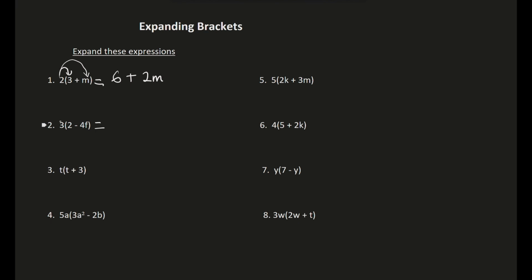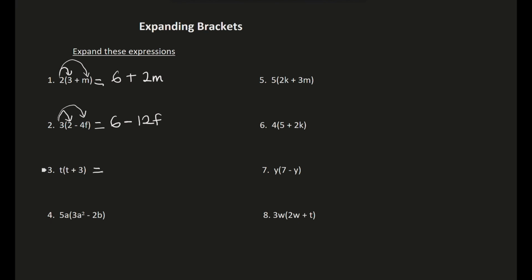We have 3 times 2, 6, and then we have 3 times minus 4f. So to do this, we know positive times negative is negative. 3 times 4, 12, and then we add our f.